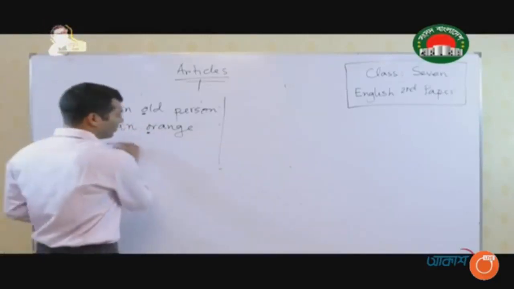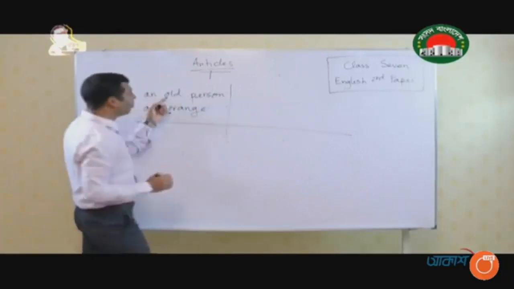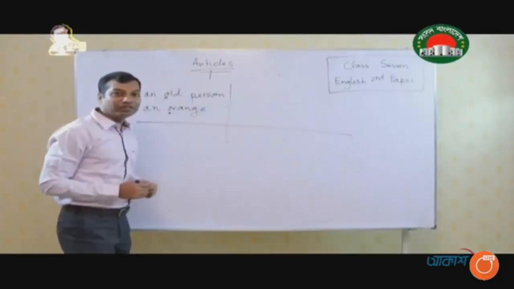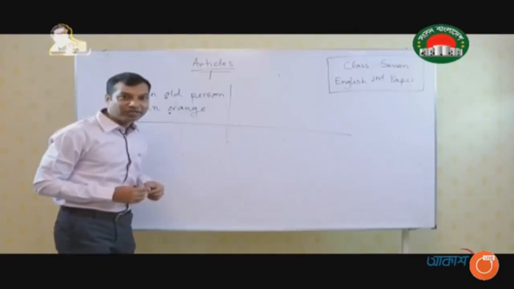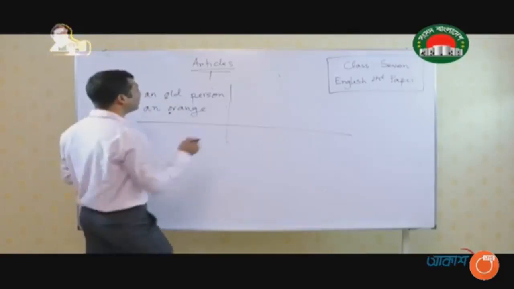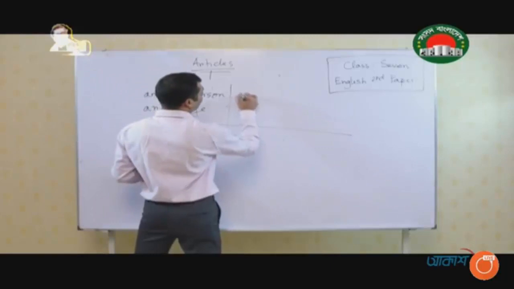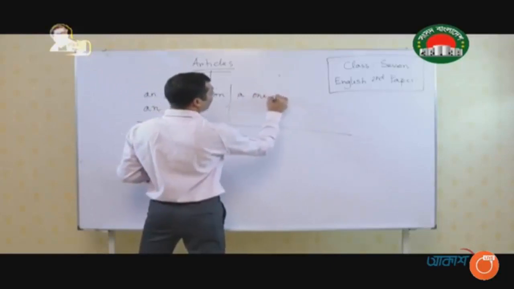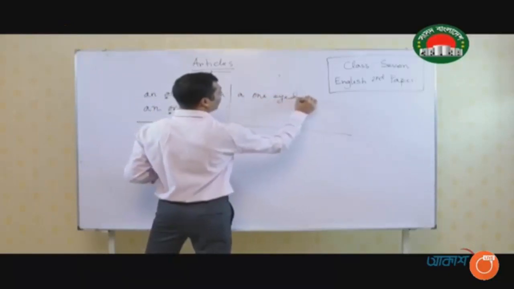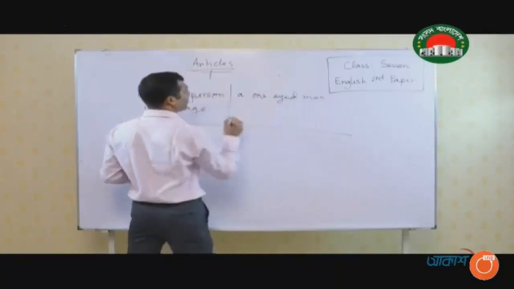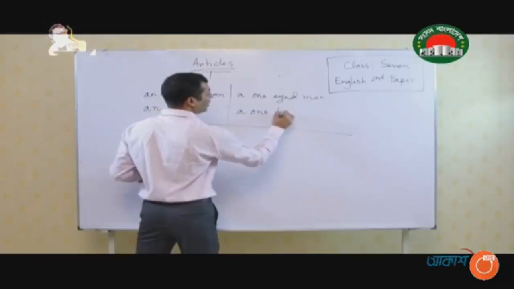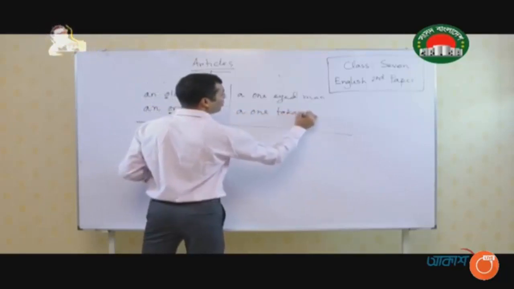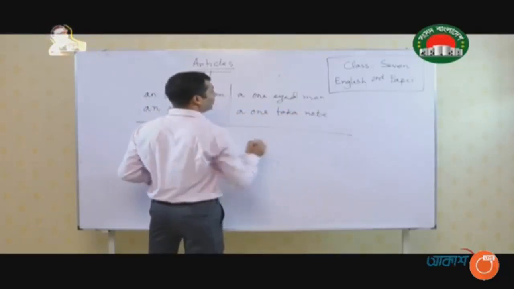But if this O is pronounced as Wa, for example, a one-eyed man, a one taka note. Look at these two phrases.